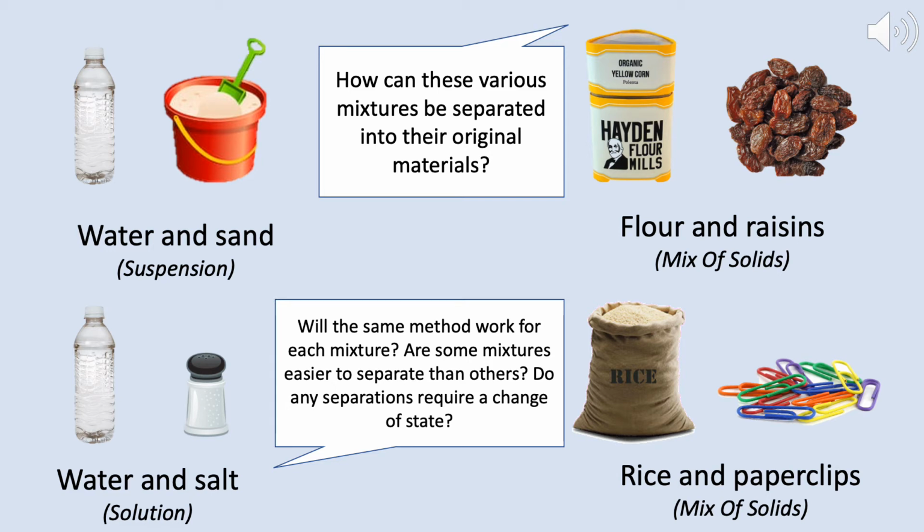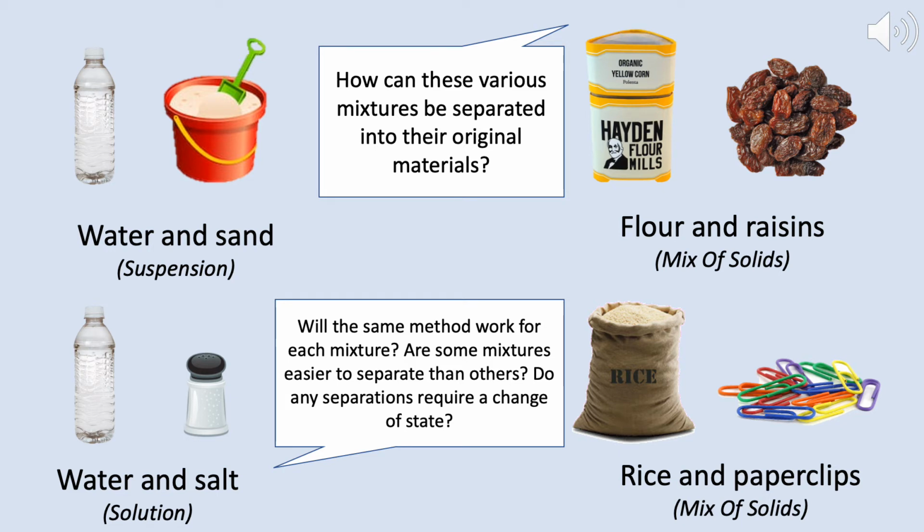You need to think about, are some mixtures easier to separate than others? And do any separations require a change of state? And remember, a change of state is when a solid changes into a liquid, or a liquid changes into a gas, or a gas back into a liquid, or a liquid back into a solid. So have a little think and pause the video here.